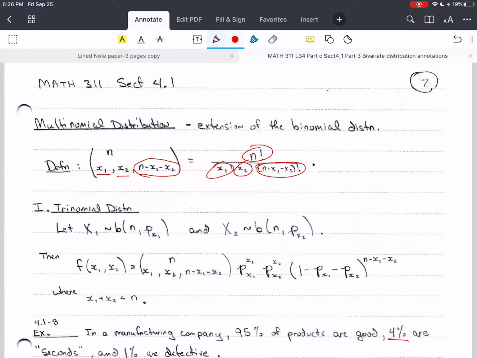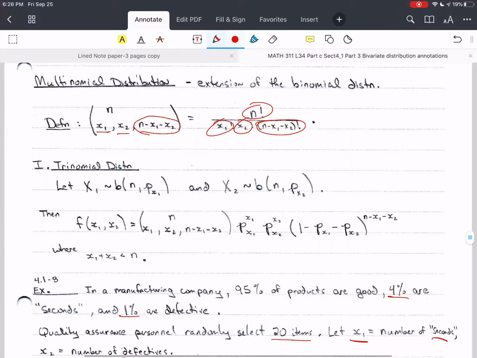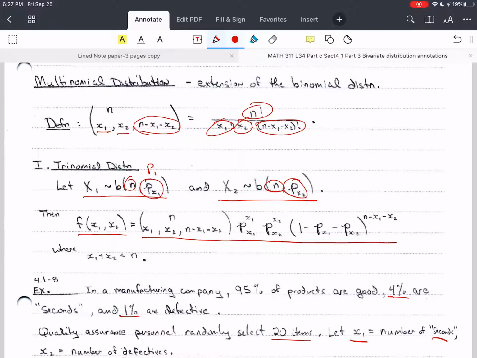of what's left over. So we're going to define the trinomial distribution, and the marginal of the trinomial, x1, is binomial with parameter n and p sub x1, or you could, if you want to make it easier, p1. That's what I usually do. And x2 is binomial n and p of x2. Then the joint distribution function of x1 and x2 is given by this expression here.